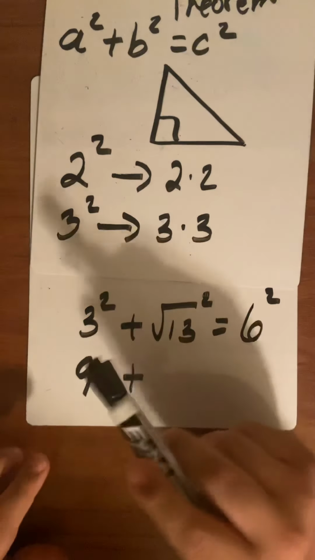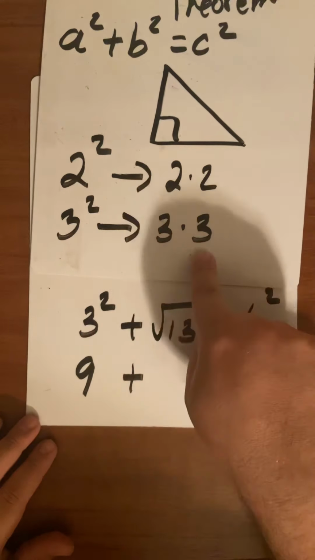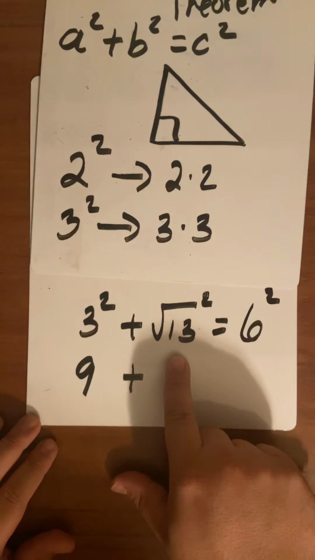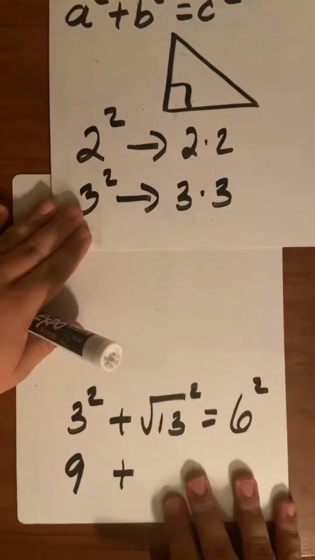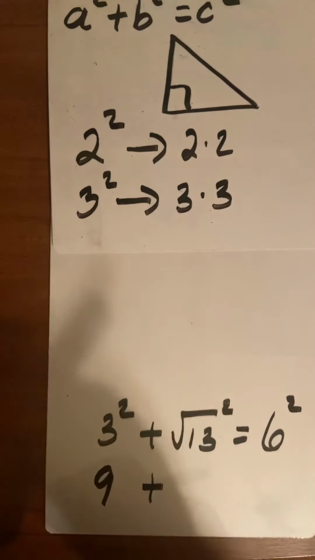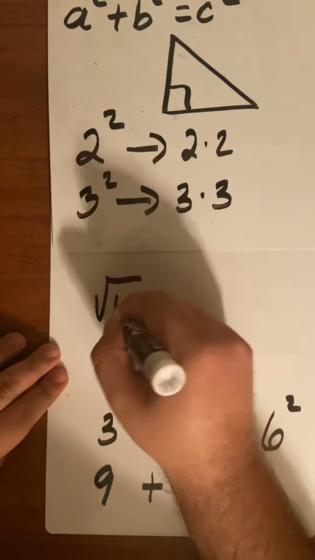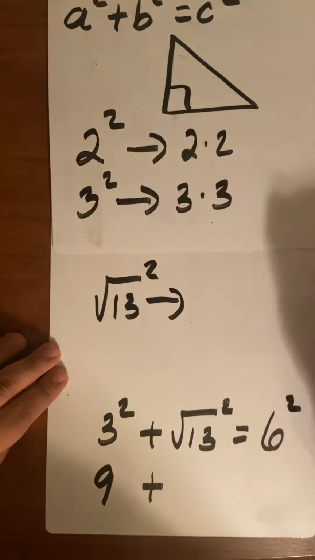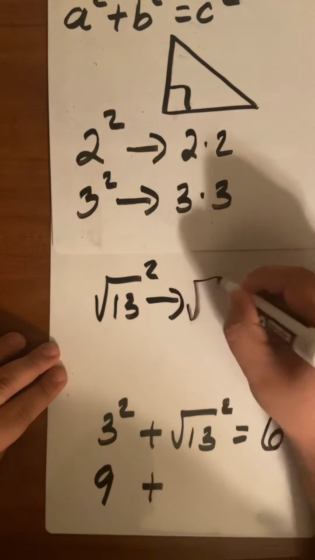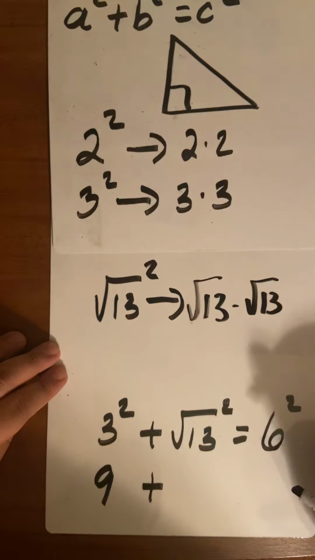That's kind of challenging, but the rule does not change. 3 squared is still 3 times 3. With 13 squared, nothing is different. If I have a square root of 13 and I'm squaring it, that's the same as the square root of 13 times the square root of 13.